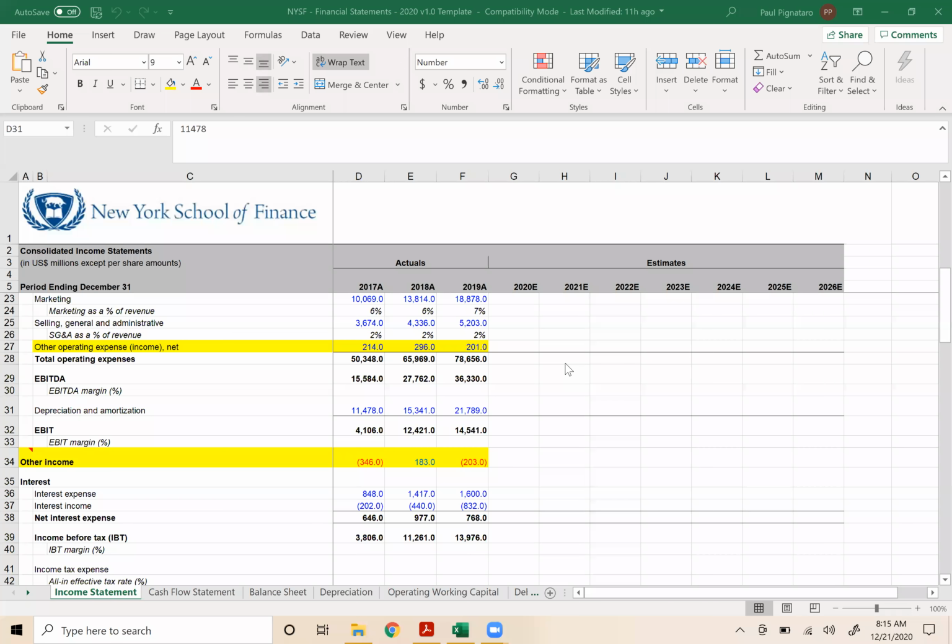Bigger question, the real important identifier is, should this be above EBITDA or below EBITDA? When I say EBITDA, I mean EBITDA and EBIT, okay? The difference between EBITDA and EBIT is always and only depreciation, right? So only depreciation can come between EBITDA and EBIT, but you want to really think about other income to determine whether it should be above EBITDA and EBIT or below EBITDA and EBIT.